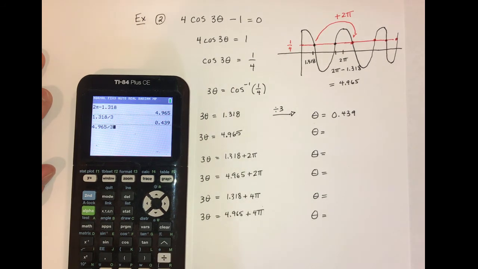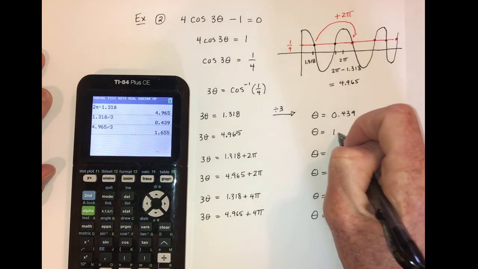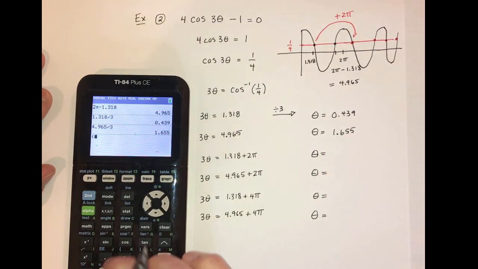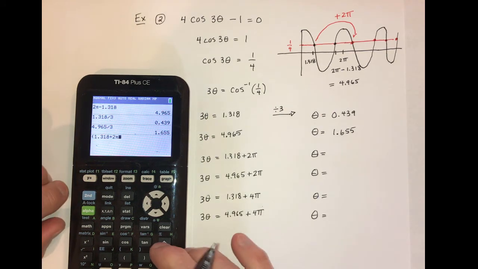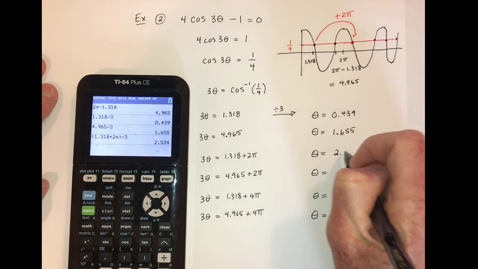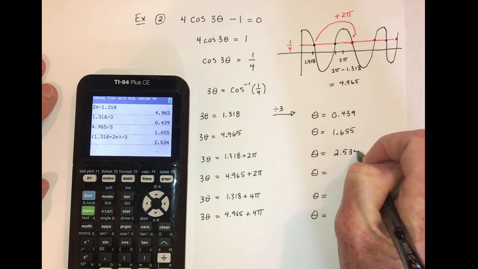4.965, and divide by 3. And then parentheses 1.318 plus 2 pi. Put that in parentheses and divide by 3. 2.534.